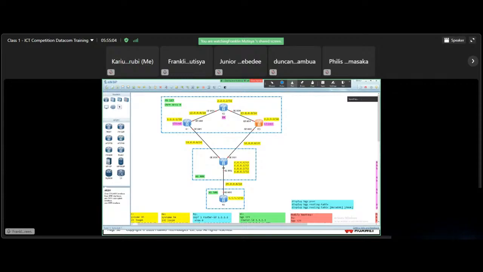Anytime you're working with IBGP, which is the BGP within an autonomous system, you have to configure an IGP. A good example is ISIS or OSPF. In other words, you have to find a protocol that is going to assist us in distributing the BGP routes to the routers in the IBGP network.